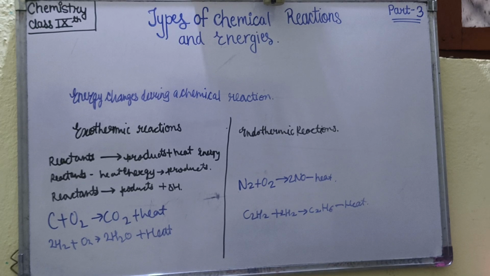One more question says, which form more stable products, exothermic or endothermic reaction? So the answer is the stability of molecules depends upon the energy content of the molecule. The molecules containing less energy are relatively more stable than the molecules containing more energy.